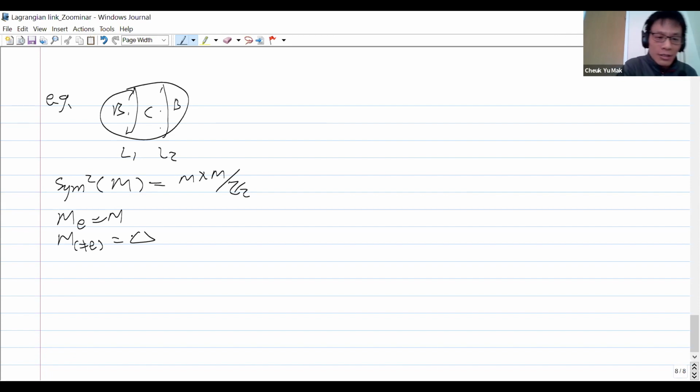The diagonal inside M cross M. Once again, sorry.